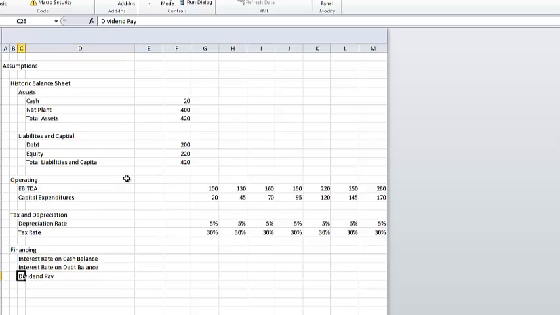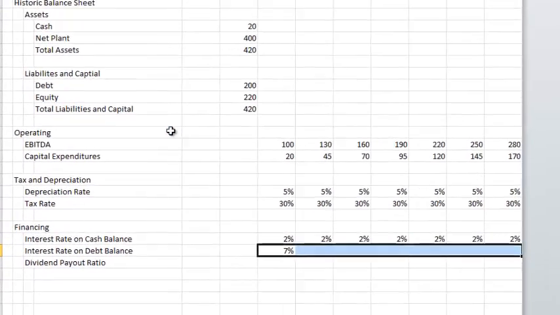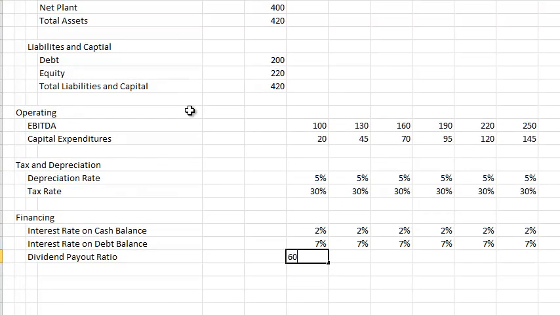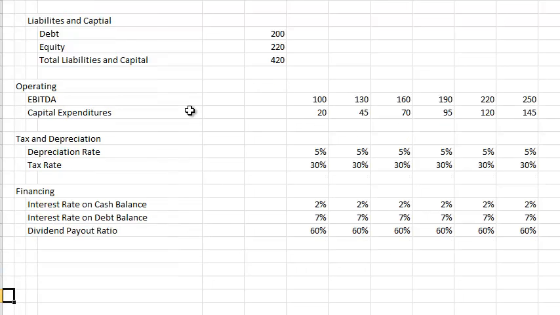Oops, oh, come on. Okay, let's make this 2%, pretty high. We'll make this 7%, and we'll make the dividend payout ratio 60%. Okay, that's enough to get the whole thing started.